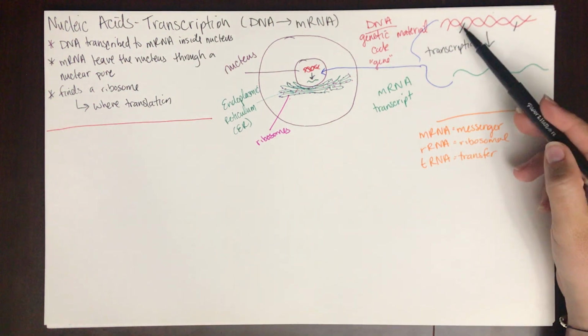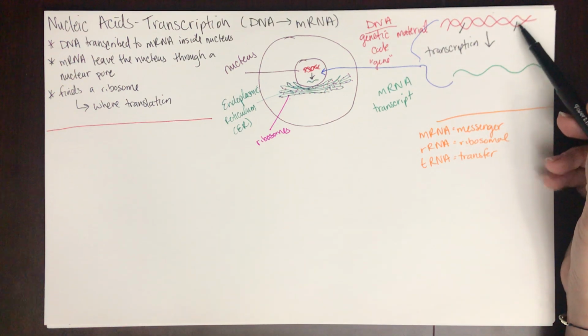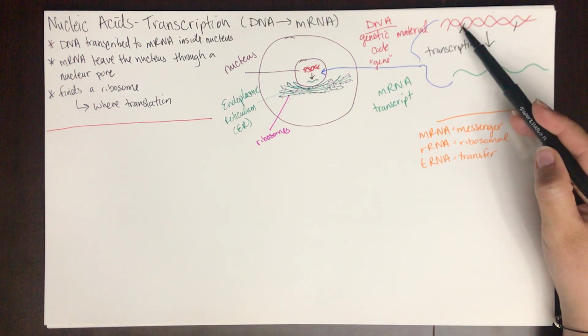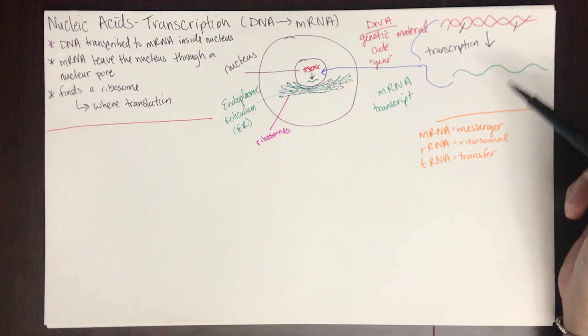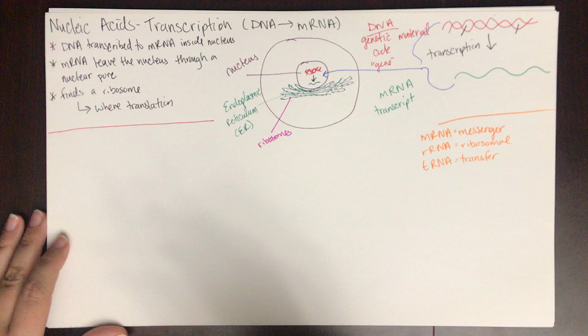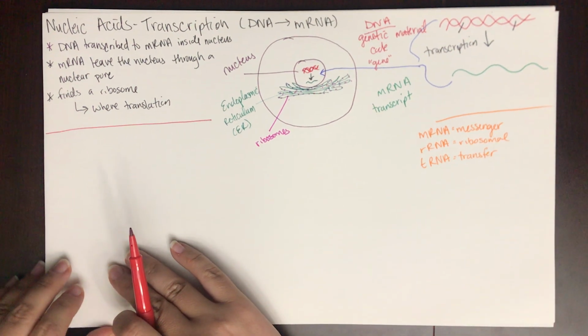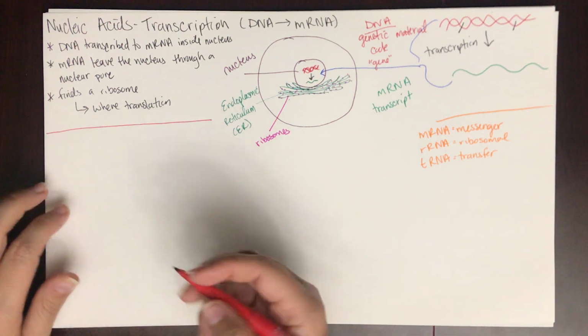So transcription is starting at a specific point and it's stopping at a specific point. It's starting where the protein starts and it's going to end where the protein ends. So the first thing that needs to happen in transcription is we need binding of the RNA polymerase at the promoter site.